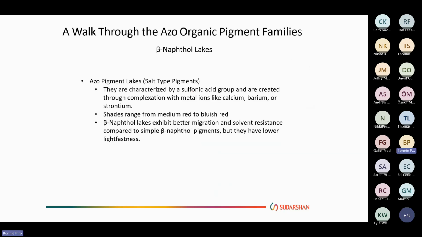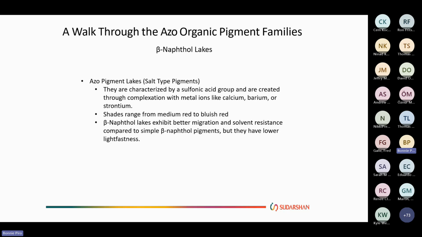The beta naphthol lakes. This takes the regular naphthol and then complexes it with a salt. Those salts can be either calcium, barium, or strontium. They tend to range more towards the bluer side in terms of color space. These types of chemistries do have better migration and solvent resistance.